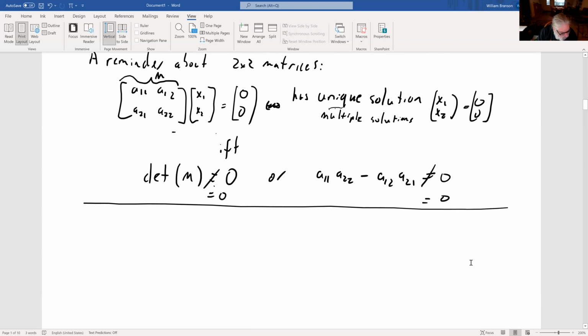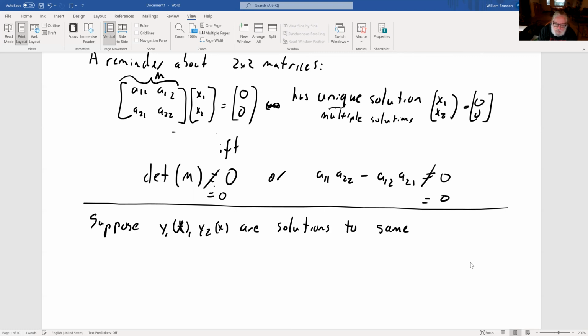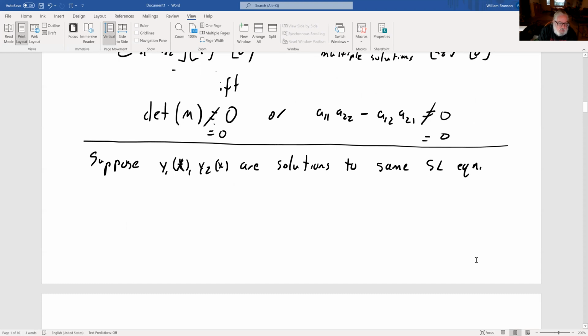So suppose y1 and y2 are solutions to the same Sturm-Liouville equation. That should be an x. So what do the initial conditions, which are a little bit weird, tell us?